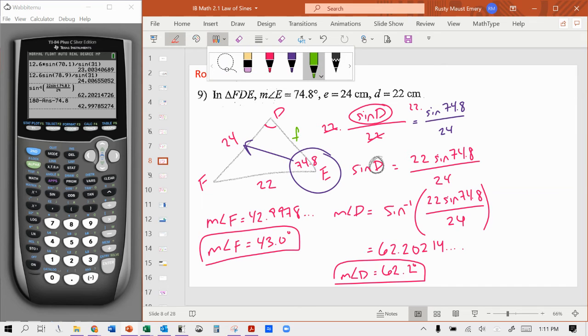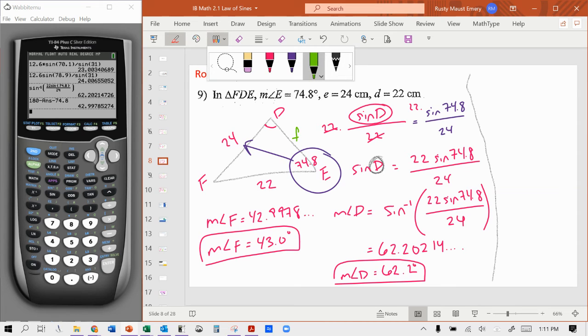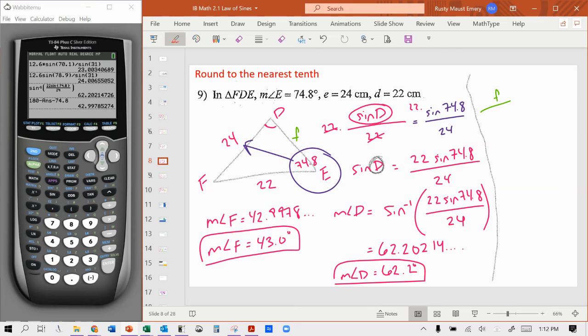And so I'm going to try to squeeze that in right here on the side. And at this point, again, we're just setting up another sine equation and thinking about what pieces we need to use. So if I'm solving for side F, I need to use angle F in this calculation. So I have F over sine of, and I'm not going to use 43.